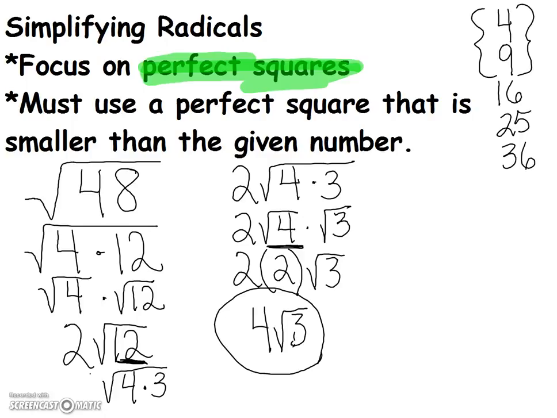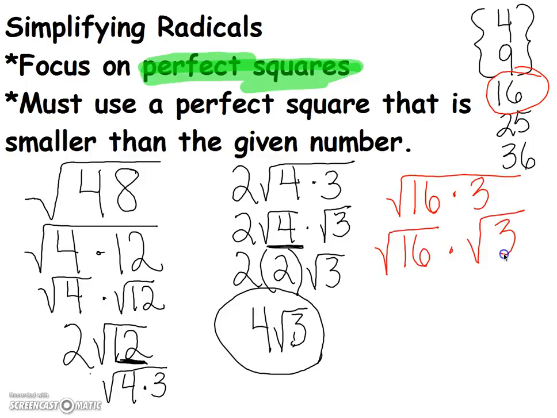Now, some of you are thinking larger than 4. Okay? When you're looking at these squares here, I have 16. And I know that 16 can go into 48. So I'm going to make this 16 times 3. 16 times 3 is 48. So I split it up: square root of 16 times square root of 3.